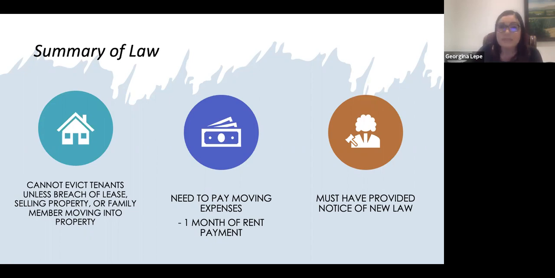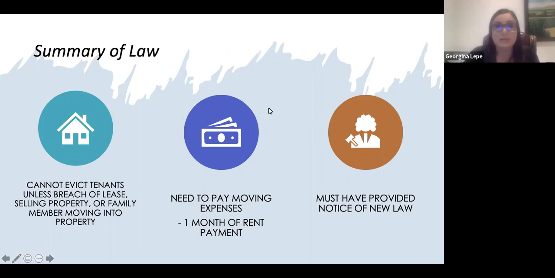So obviously, if a tenant falls behind on their rent payment, you will be able to evict them using a 3-day notice to pay rent or quit. But just because you don't like the tenants, that's not going to be a good enough reason to evict your tenants. If you are going to be selling the property or moving into the property and you're evicting your tenants, you will need to pay moving expenses.